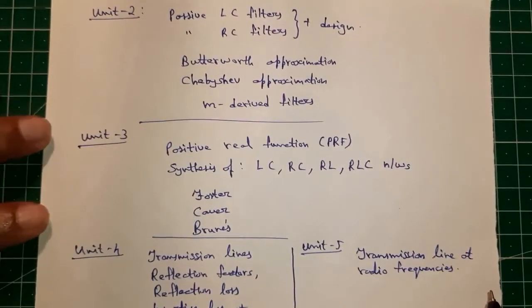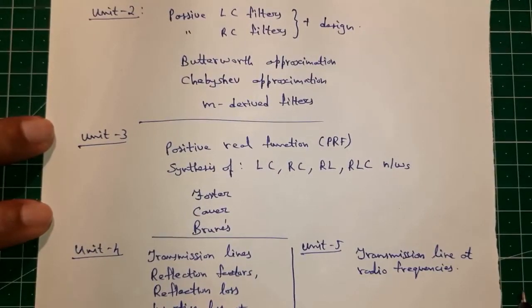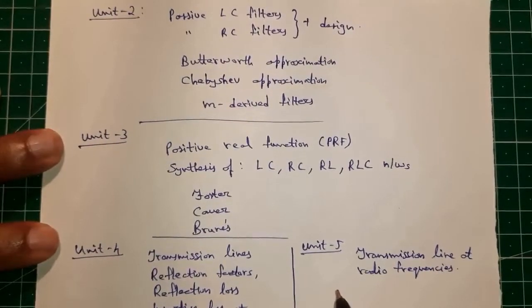And we see some equivalents like eighth-wave, quarter wave, half wave line, etc. Then we'll be introducing circle diagrams and Smith chart.